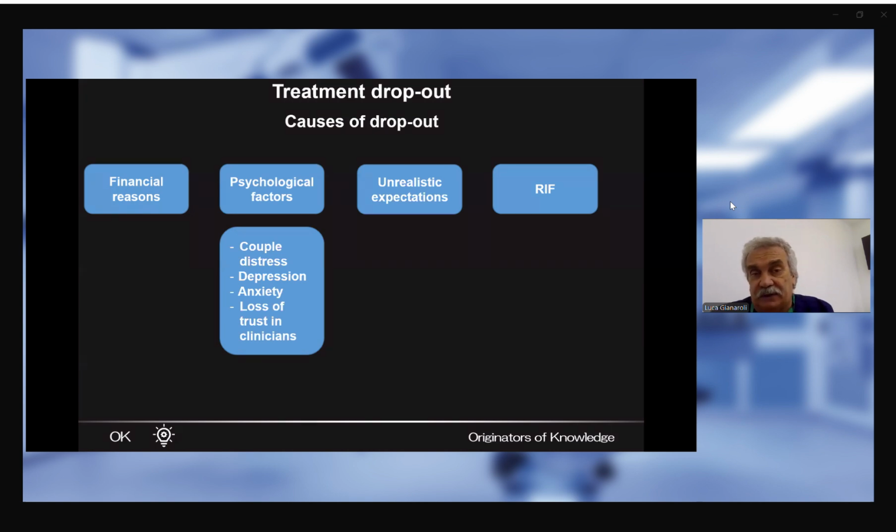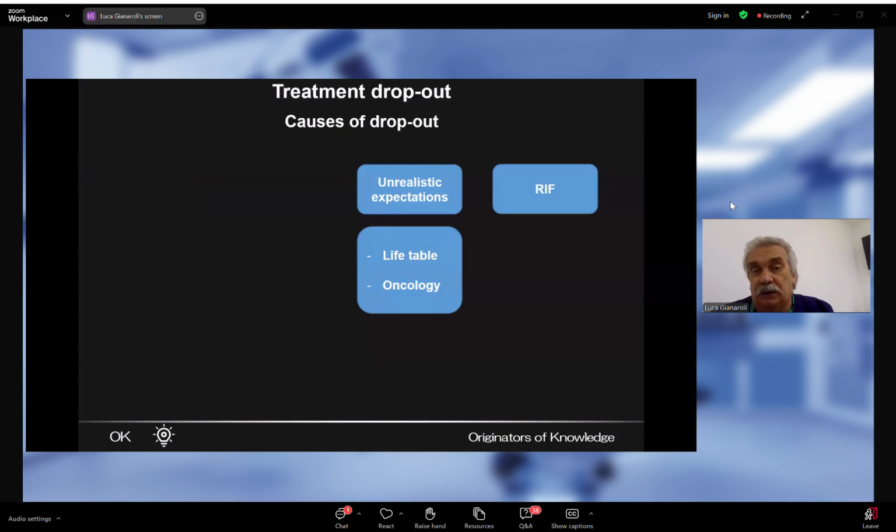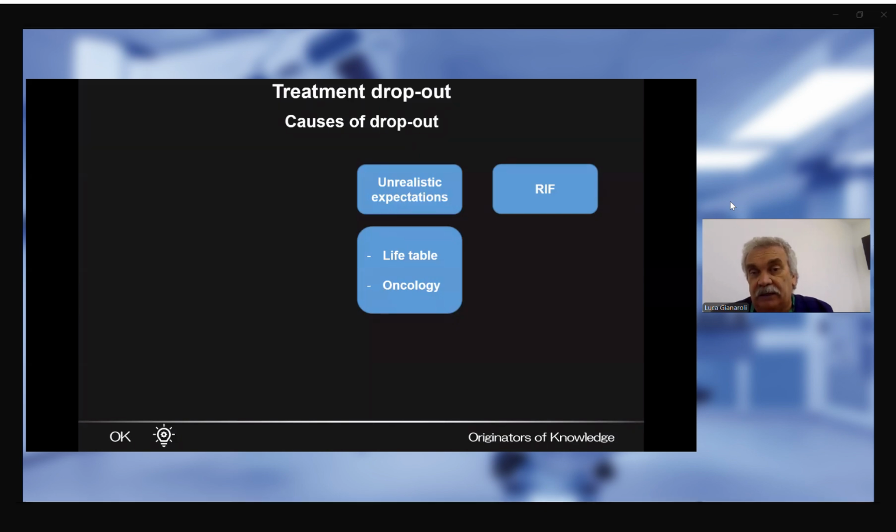So why am I saying this and why is hysteroscopy important? Because if we forget for one moment the 2 previous points, we go for unrealistic expectation. The fact is that we are still producing data based on cycle results or cumulative pregnancy rate, while we should use what oncology uses, the concept of life tables.